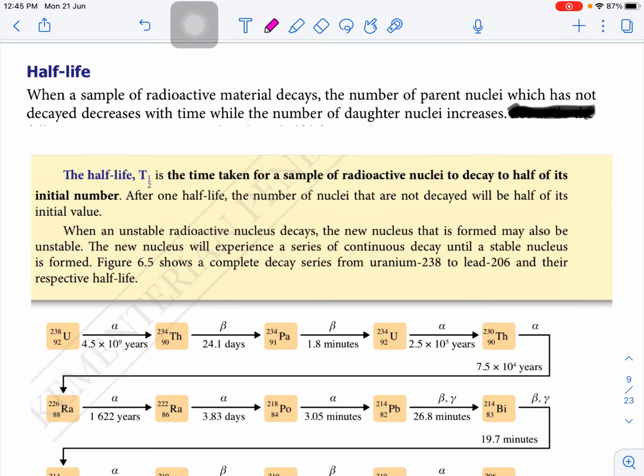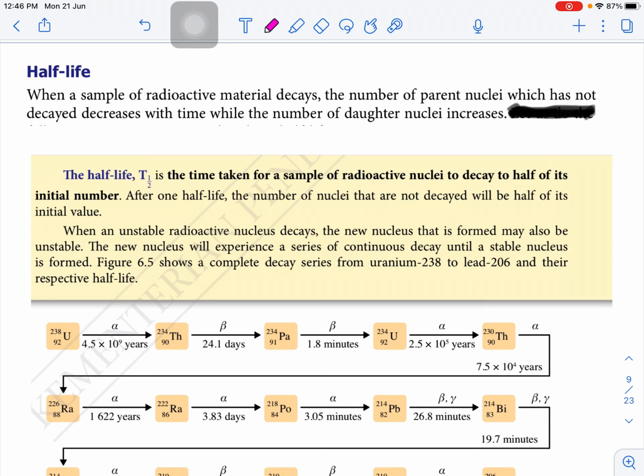When an unstable nucleus emits radioactive emission, it cannot emit alpha and beta at the same time. It can only emit alpha particle or beta particle.